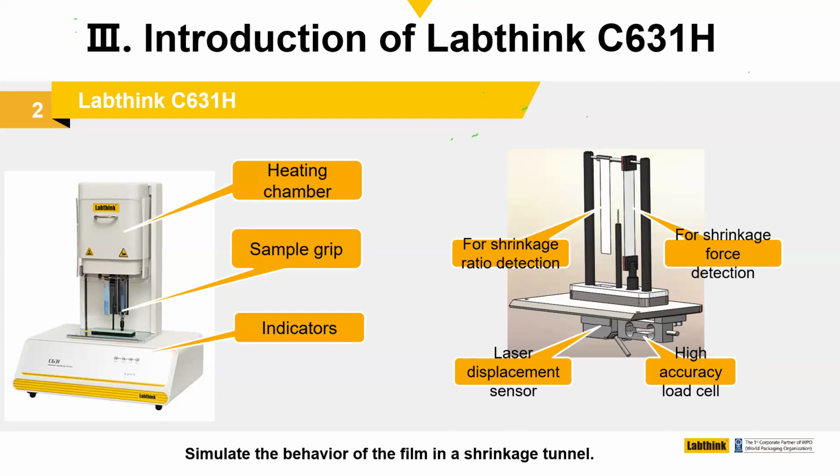Then on the other side, the force shrinkage specimen, it's clamped up. One you can see at the top there, it's affixed to a fixed rail, so that end is not going to move around. And on the bottom, it's clamped up to a high accuracy load cell. So in as far as it's possible for us to do this, we've designed something which is intended to simulate the behavior of the film within the shrinkage tunnel.